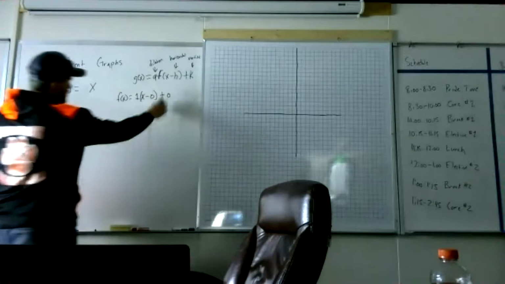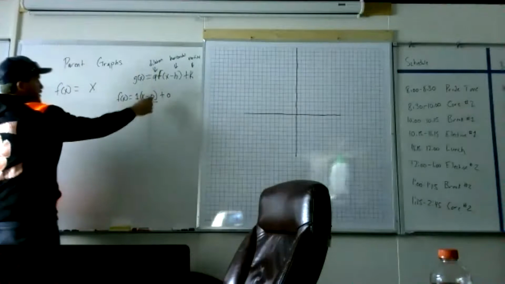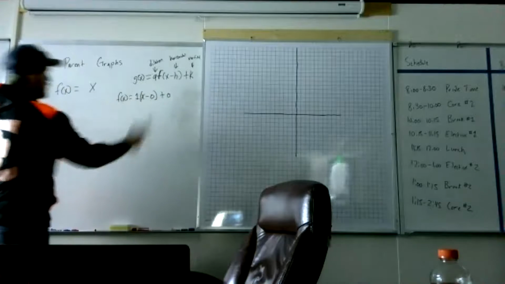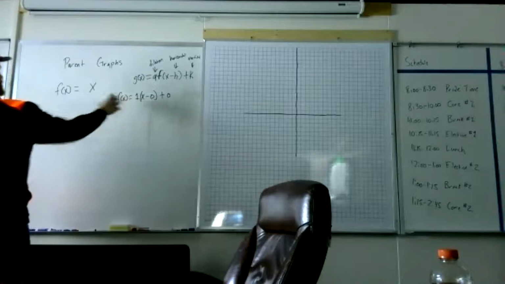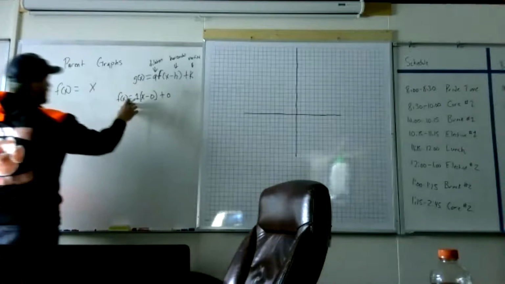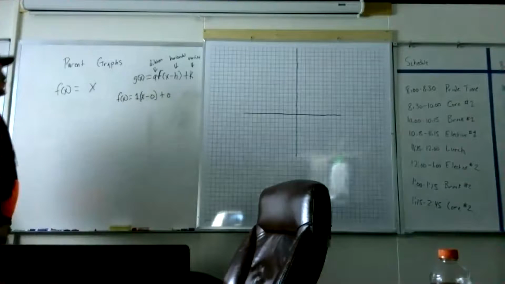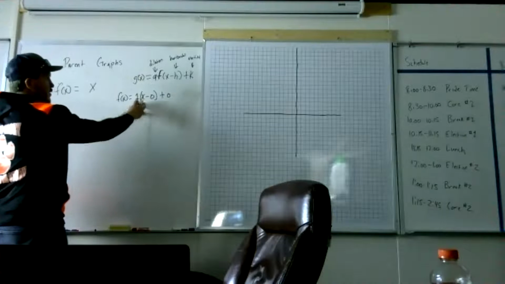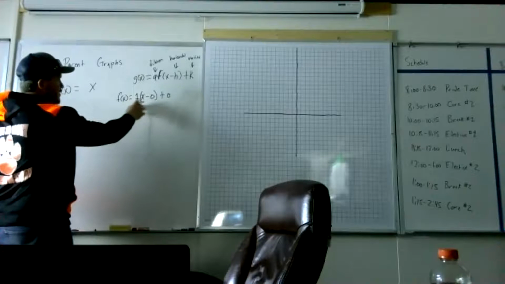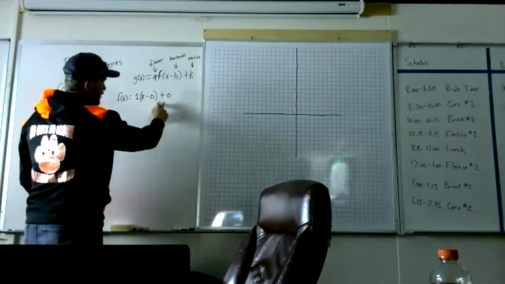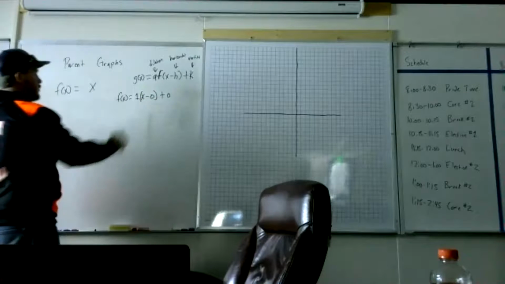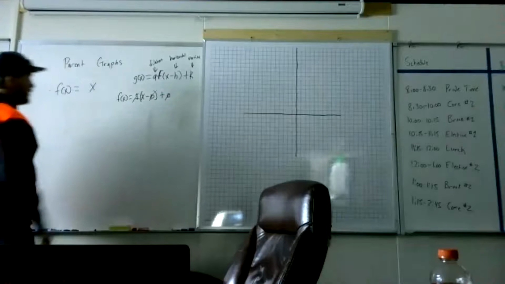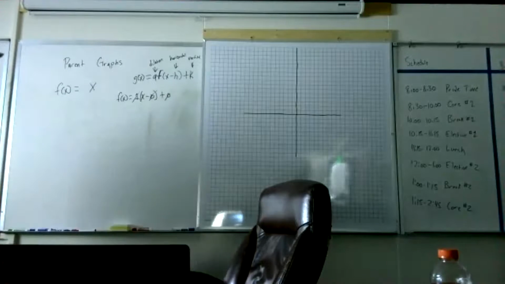Anything added to the outside is your vertical translation. Anything added or subtracted on the inside is your horizontal. And your dilation factor, if it's omitted, is just 1. Like I said, we like to remove redundancies because x minus 0 is still just going to be x, 1 times x is still just going to be x, and x plus 0 is still just going to be x. So in mathematics, we alleviate the 1, we alleviate the 0, and we alleviate that 0, and express it this way.